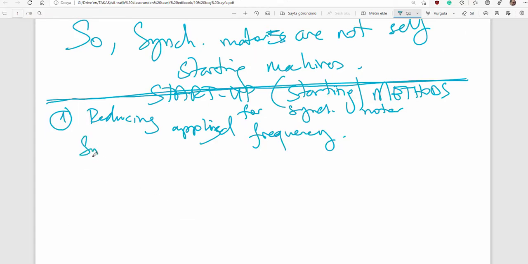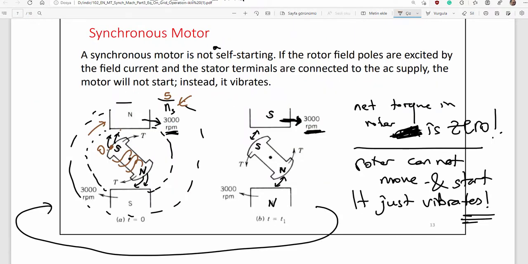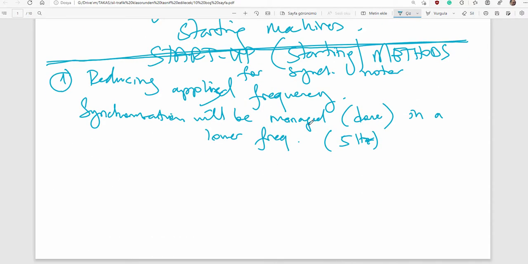So synchronization will be managed or done in a lower frequency, let's say 5 Hz, in a very low frequency. But in such a case, perhaps you remember from induction machine startup or speed control methods, here is an equivalent circuit of synchronous machine.